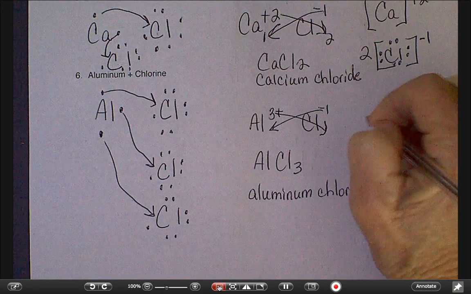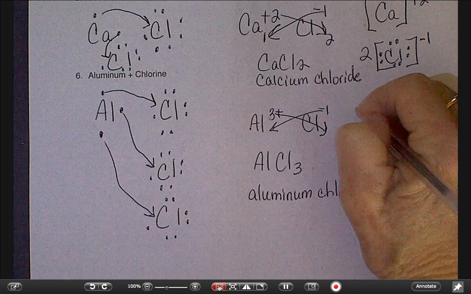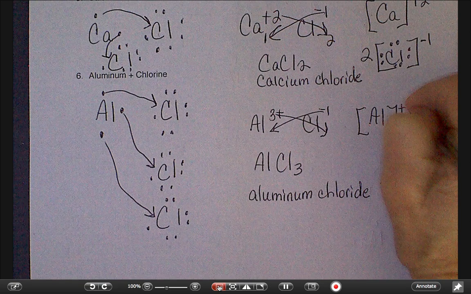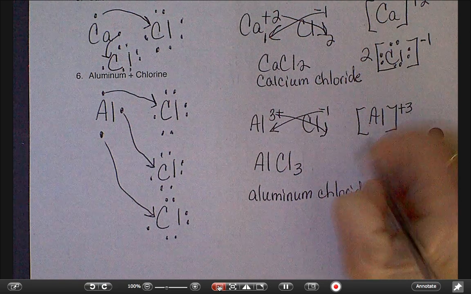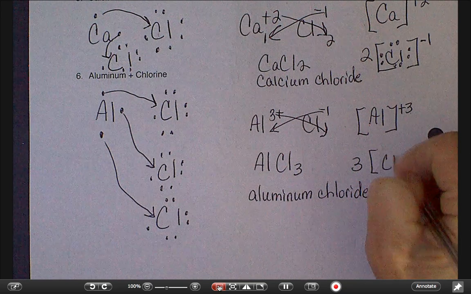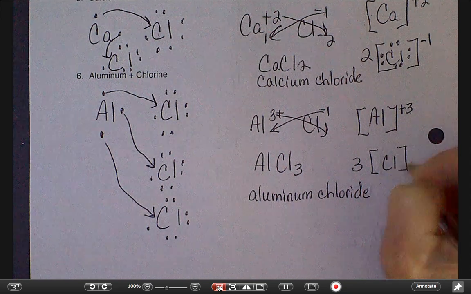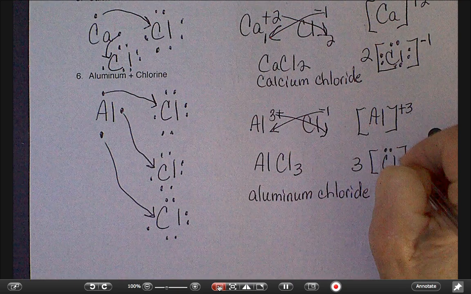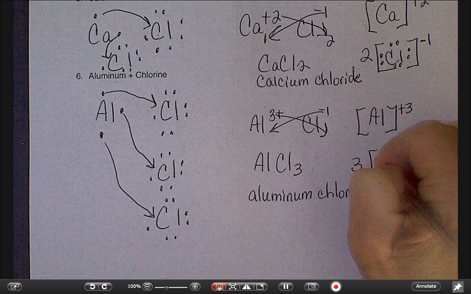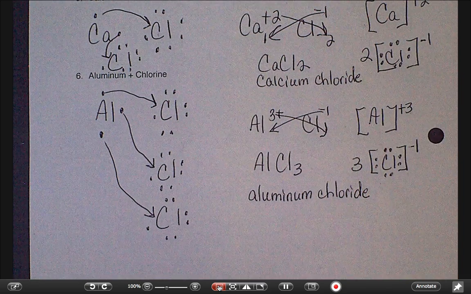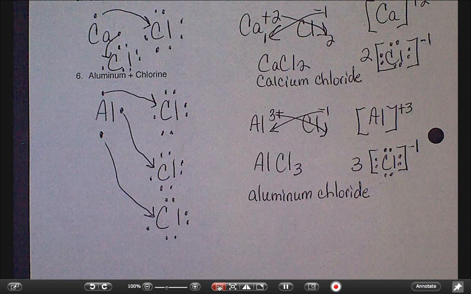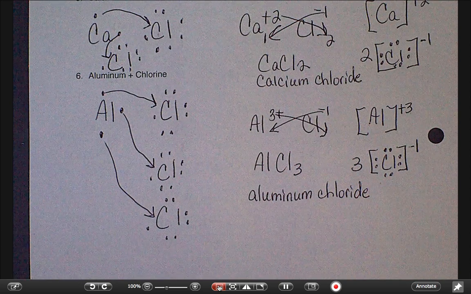So we've got Al in brackets, indicating that it's in its ionic state and the charge. And we have how many chlorines? 3. That look like this. With how many? 8. And a -1. All right, so can you relate now your formula writing to the Lewis dot structures?